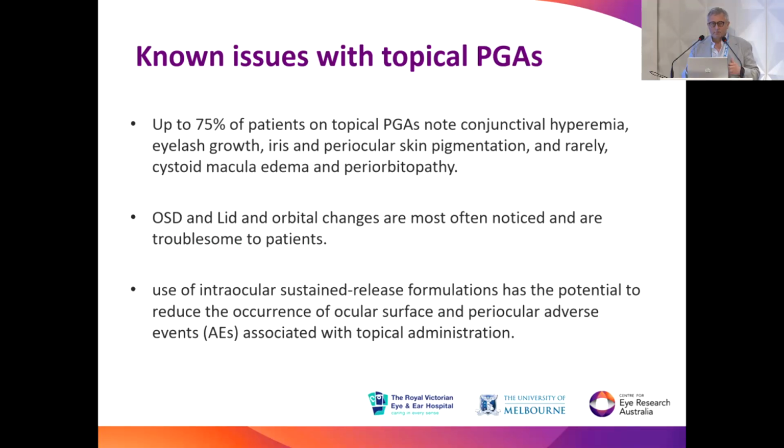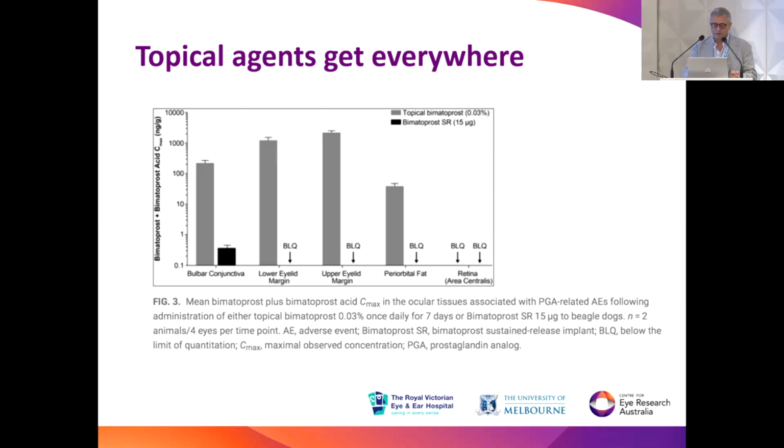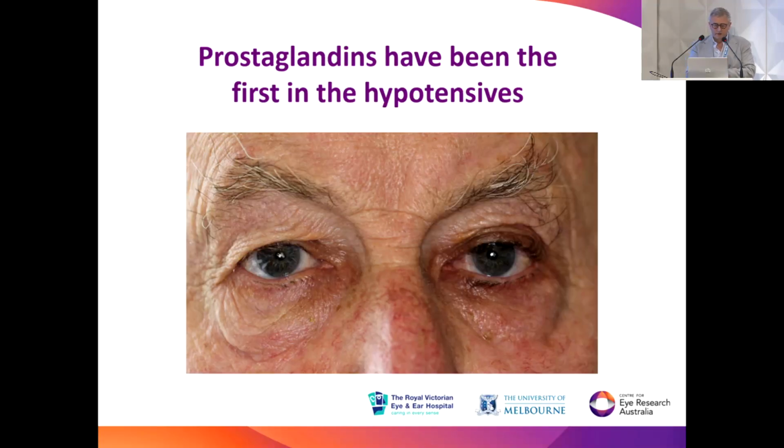In dogs, using some data from AbbVie, a large amount of prostaglandin goes into the orbit and lids. If you biopsy the tissue around an eye, you find quite significant doses, in fact significantly higher than in the eye, which is a bit disappointing. You can tell which eye is having the prostaglandin in this picture, and it becomes quite noticeable when it's put in one eye.